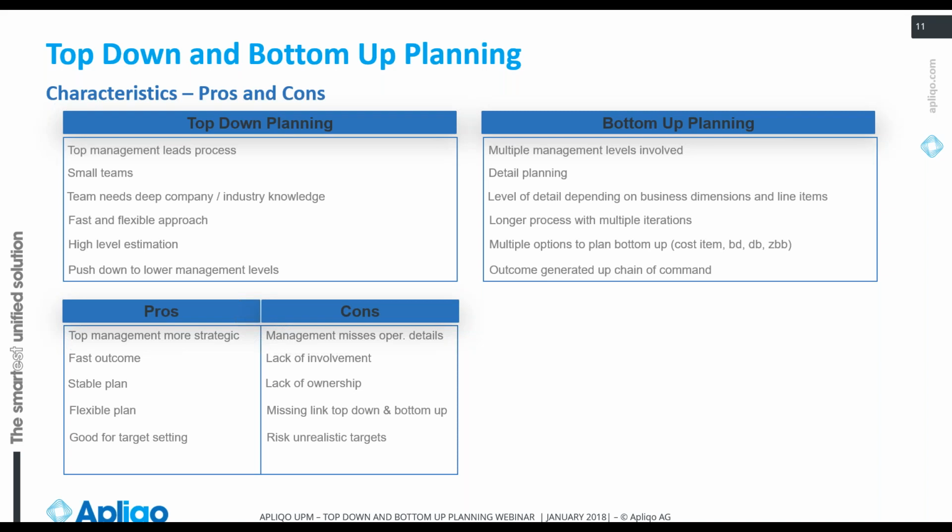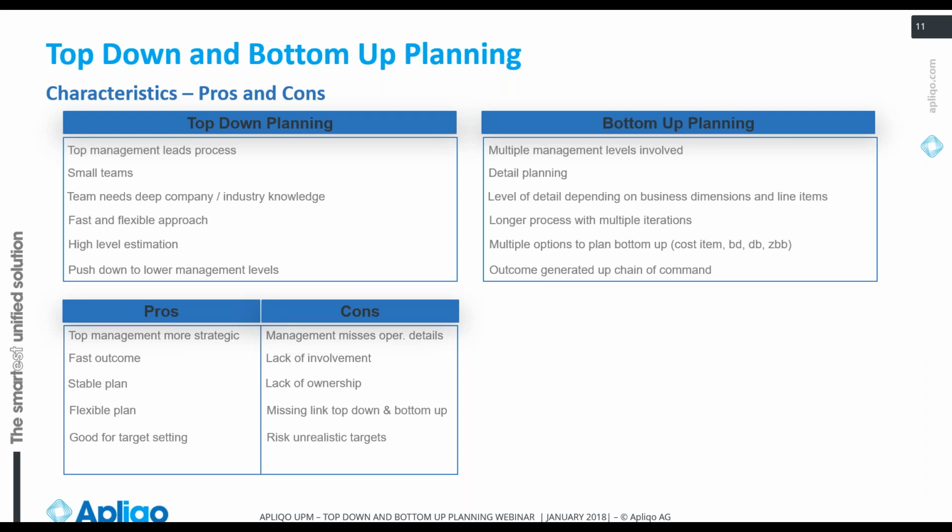For example, you can plan from a product level point of view, really on SKU level, or the application gives you the ability to plan on consolidated levels of the product dimension, for example, or a channel or a customer dimension. This level of detail needs to be defined on a case-by-case basis per company.